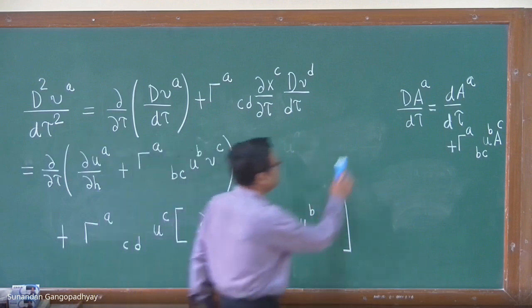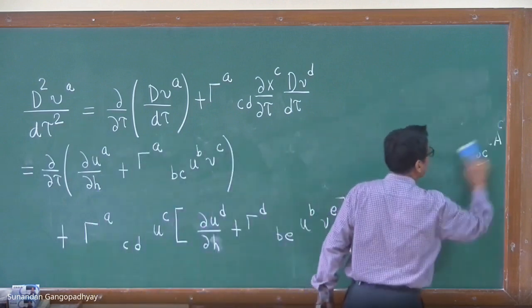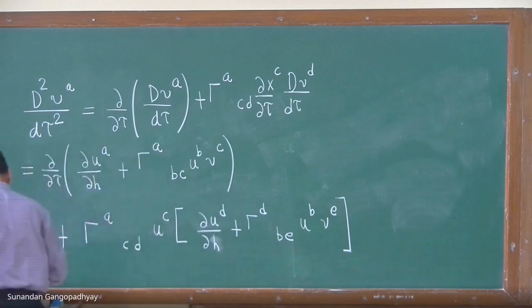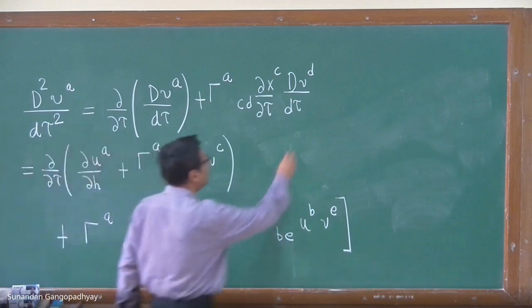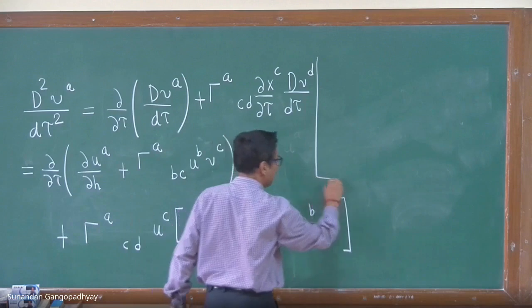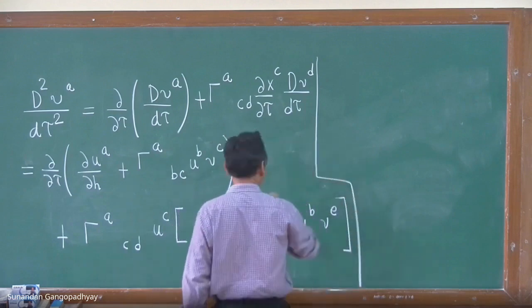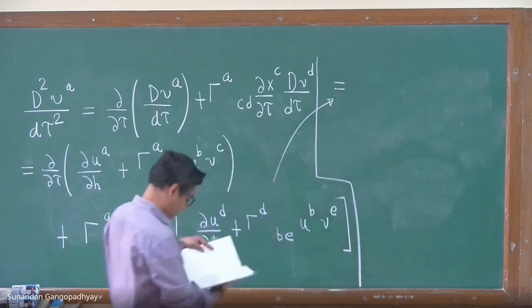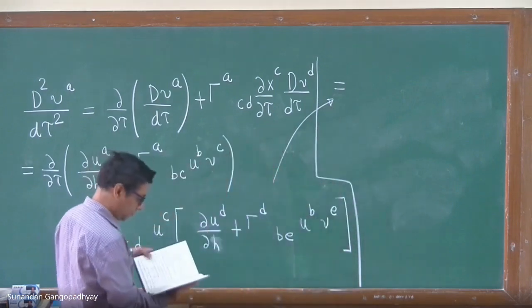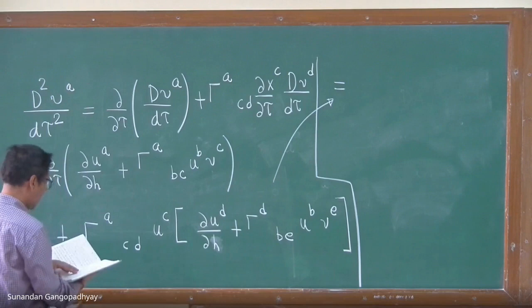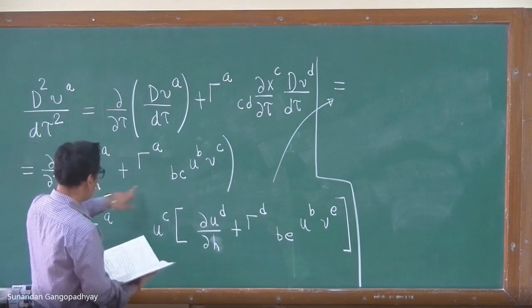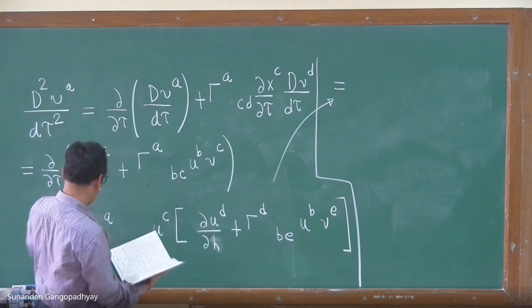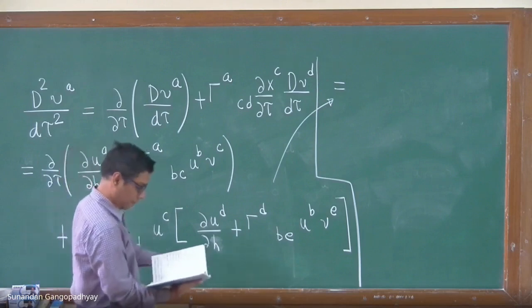So what we shall do is simplify this here. So this part is equal to, so how many terms will we get? One term, two terms, 3, 4, 5, 6. Okay.